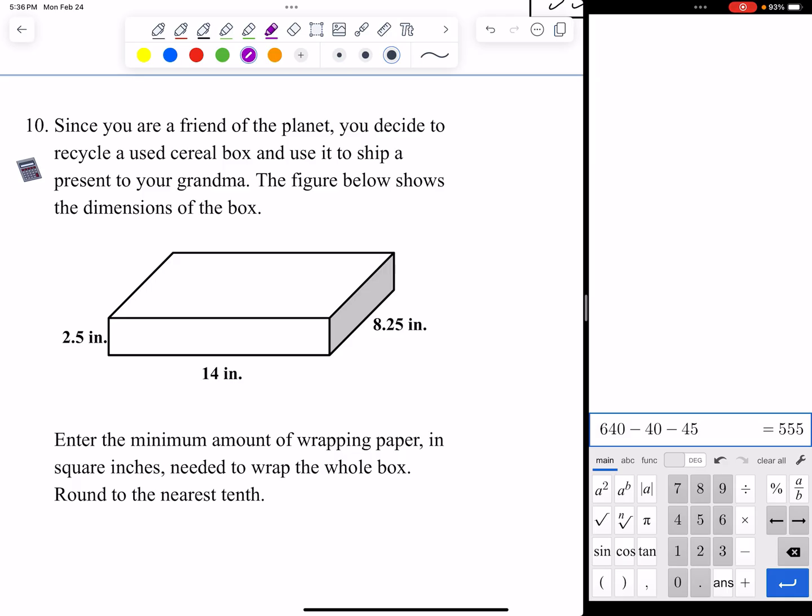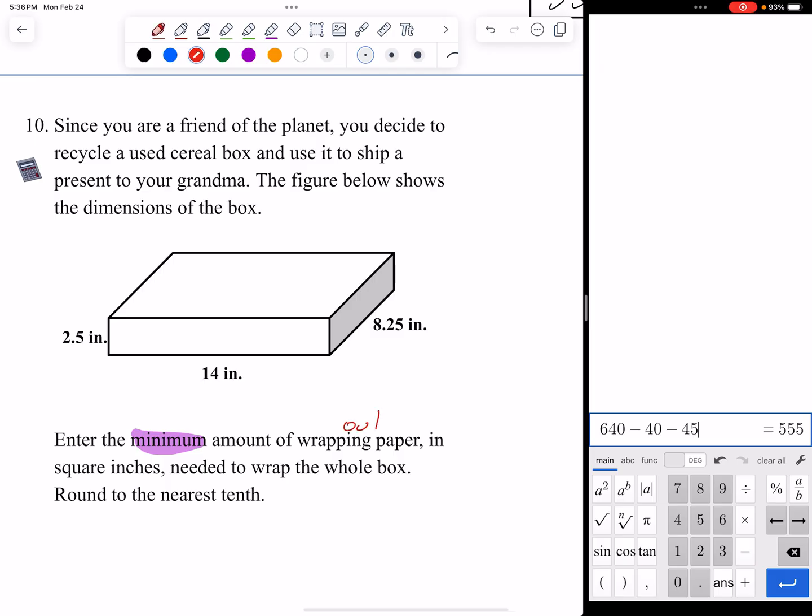You decide to recycle a used cereal box and use it to ship a present to your grandma. Aw, aren't you nice? The figure below shows the dimensions of the box. Okay, so there you go. Can you picture it? Enter the minimum amount of wrapping paper. So now I've got to think about it.